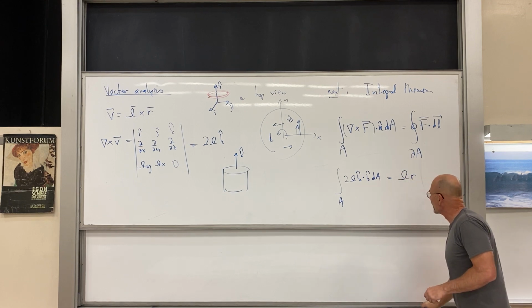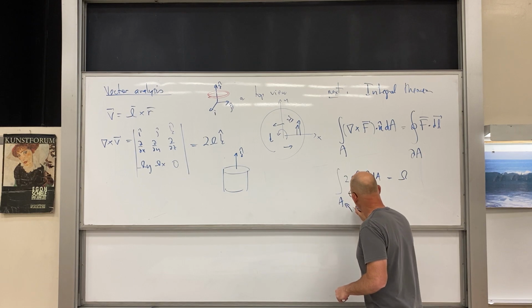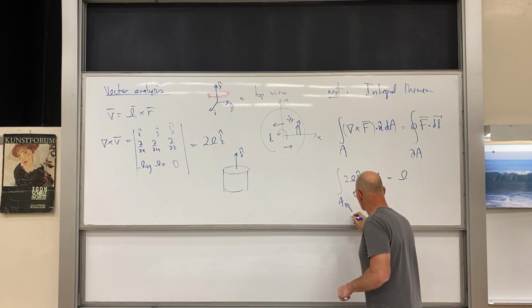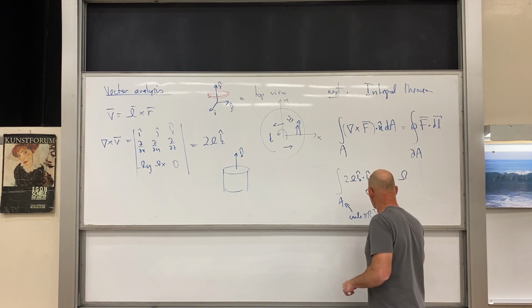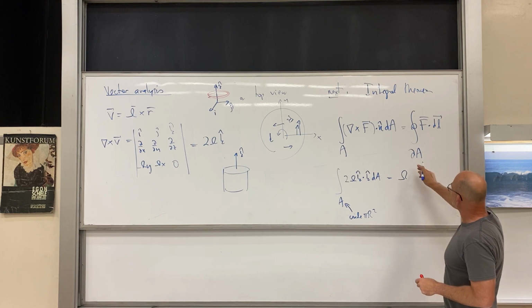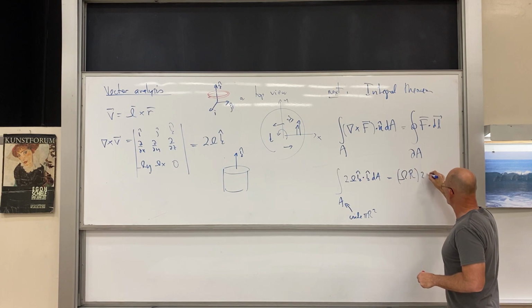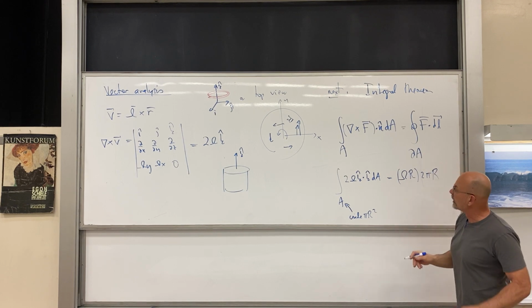And since we're going around here, let's make sure we define this right. So this area is the circle, pi r squared, right? It's the circle of radius capital R. So then we're going to have the omega r, and then we're going to have 2 pi r for going around that circle.